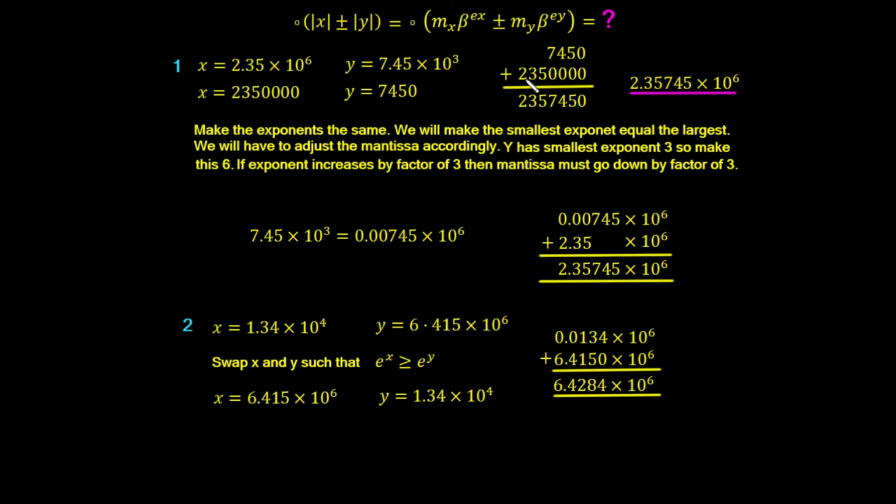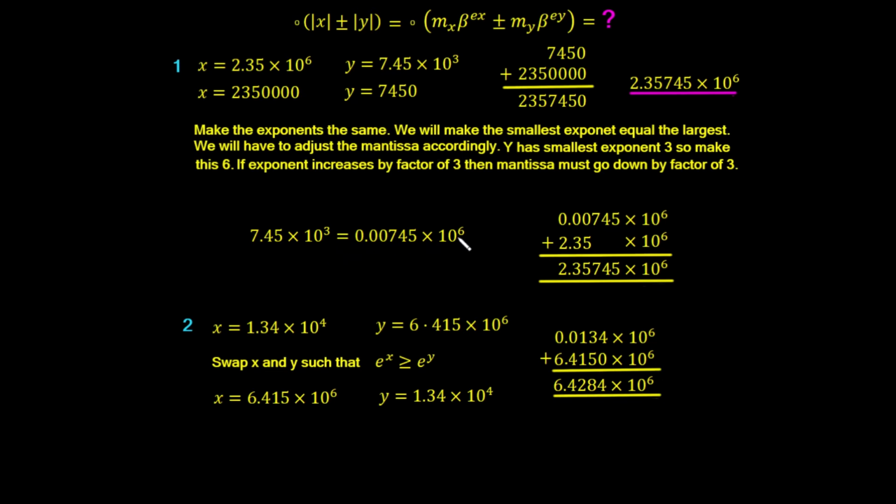So if we take the value for our y, which is 7.45 times 10 to the 3, then we're going to increase that 10 to the 3 to 10 to the 6. That's an increase of 1000. So in order to make the number the same, we're going to have to decrease the mantissa equally by a value of 1000, such that 7.45 times 10 to the 3 is going to equal 0.00745 times 10 to the 6.